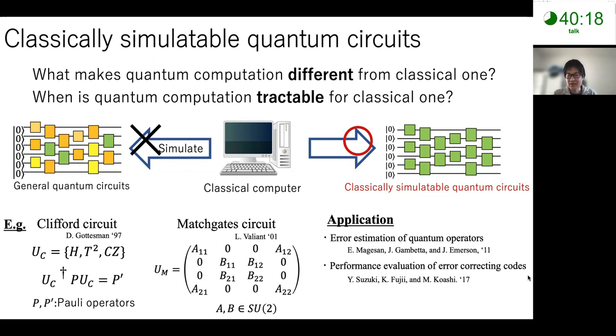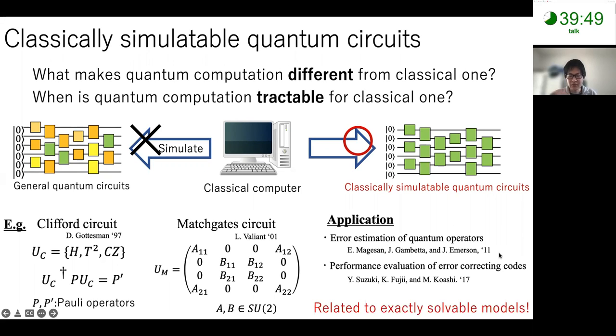And this classical simulation is also useful for evaluating the performance of quantum error correcting codes, which is also very important for quantum computation. It will be required to perform universal quantum algorithms.